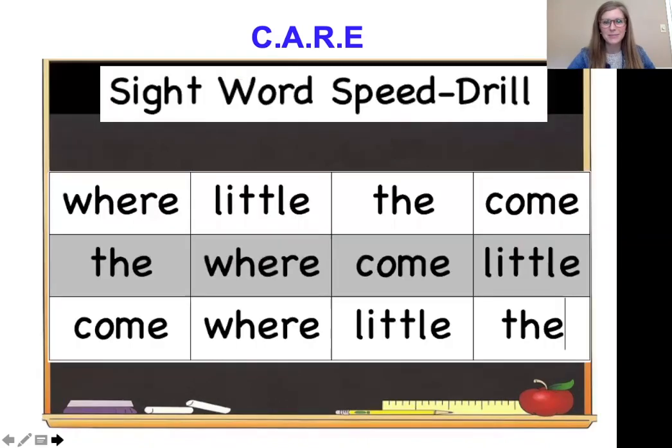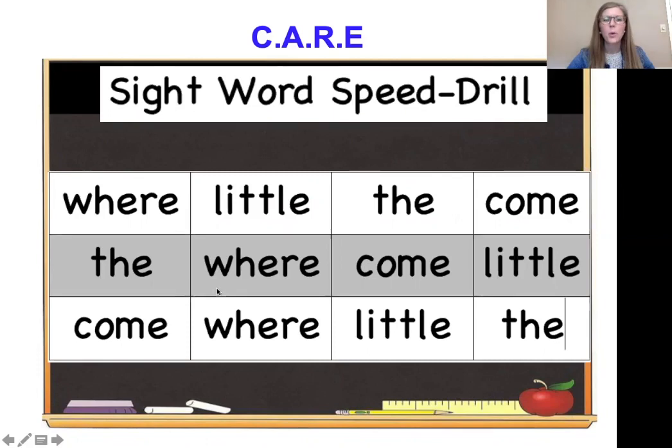Great practice. We have learned many words during our CARE time at school, and now we will practice our sight word speed drill together. Let's start with the word where and read left to right all the way to the end. Ready? Read. Where, little, the, come.